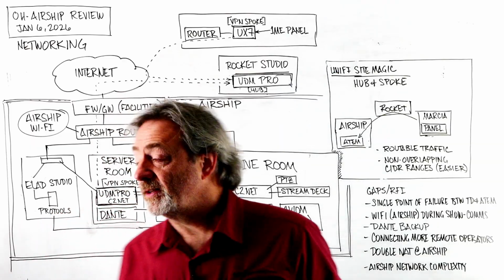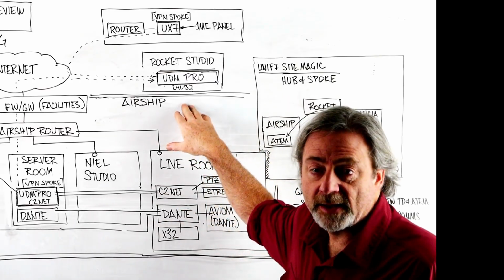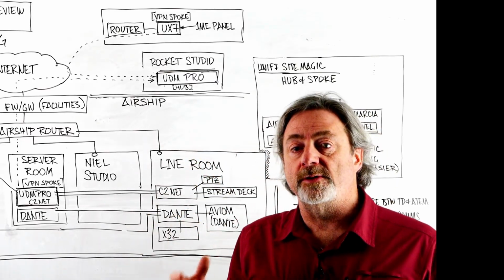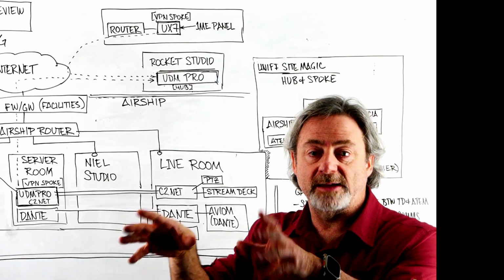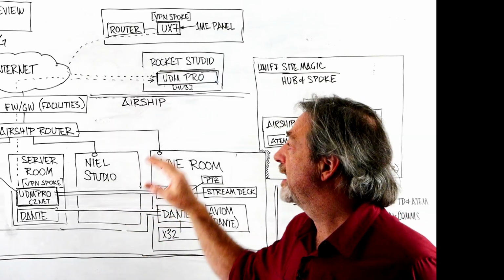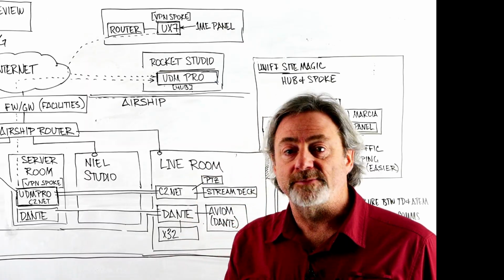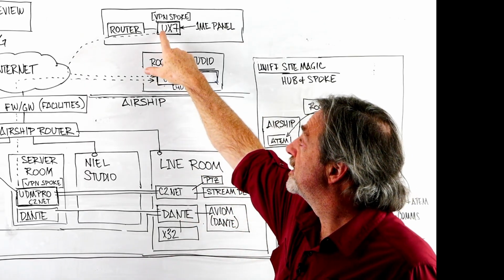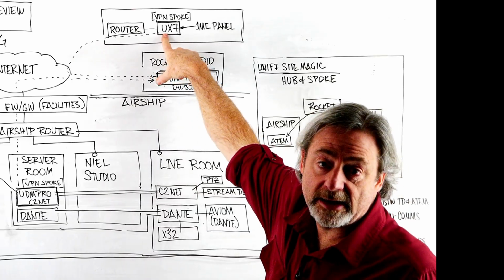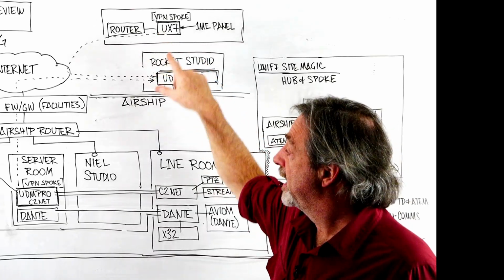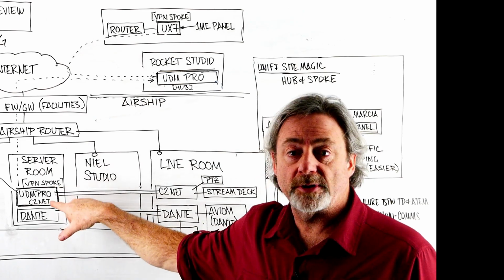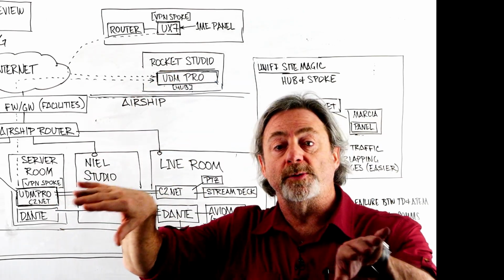So how does this work? Well, in my studio, I have a UDM Pro that has a bridge mode, public IP address. I set it up as the hub using Unifi's Site Magic, and I connected the UX7 that we sent to Marcia and the Airship UDM Pro to it as spokes.